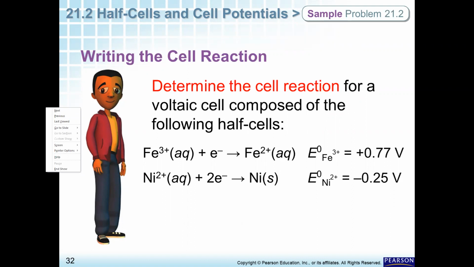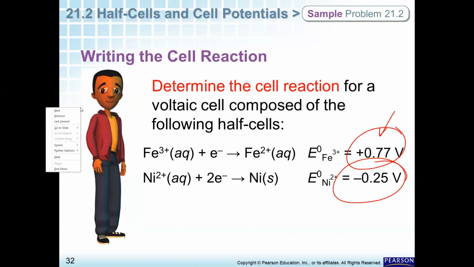So based on these values, you can decide which one will undergo reduction and which one will undergo oxidation. Which one will undergo reduction in this case, the iron or the nickel? The iron. Why? Because it is positive. Remember we said the easiest case is to have a positive and a negative. The positive is for reduction and the negative is for oxidation.